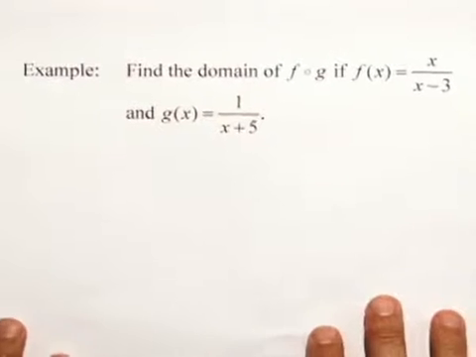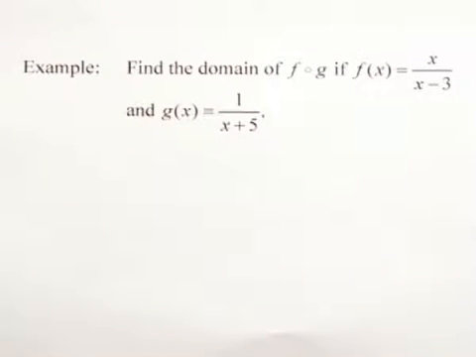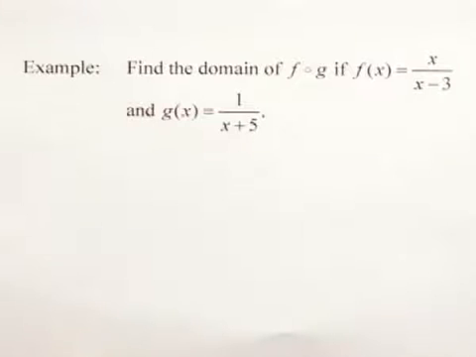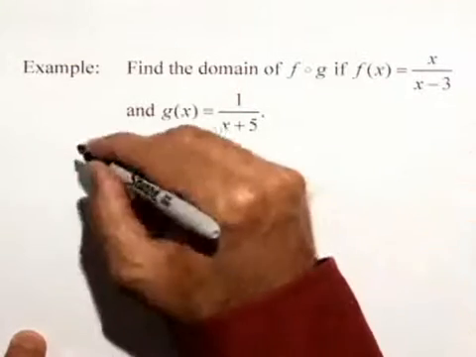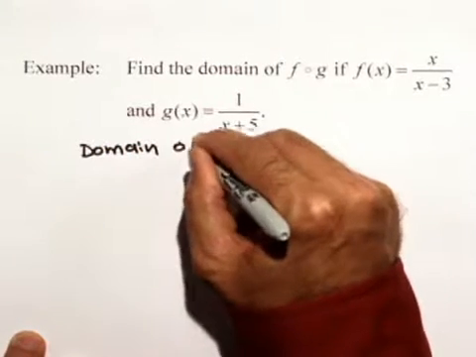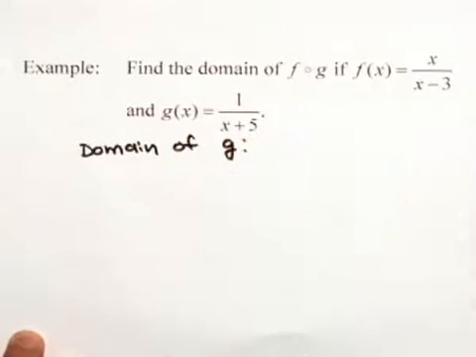All right, so let's find the domain of f of g given that f of x is equal to x over x minus 3 and g of x is equal to 1 over x plus 5. Now again, the first thing that we always want to do is find the domain of g. Okay?